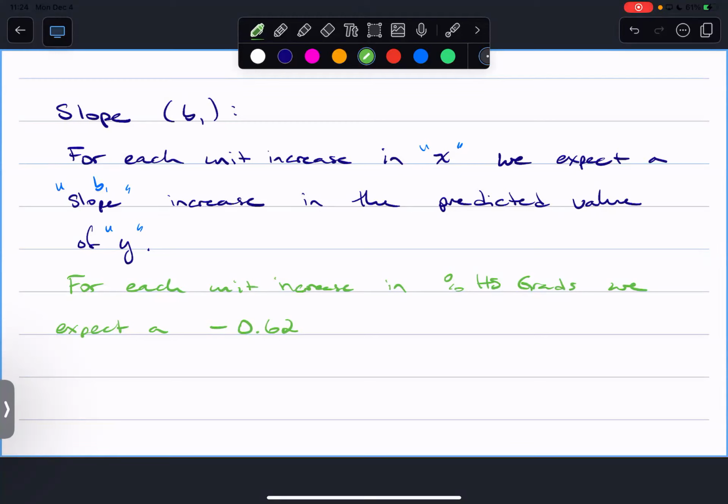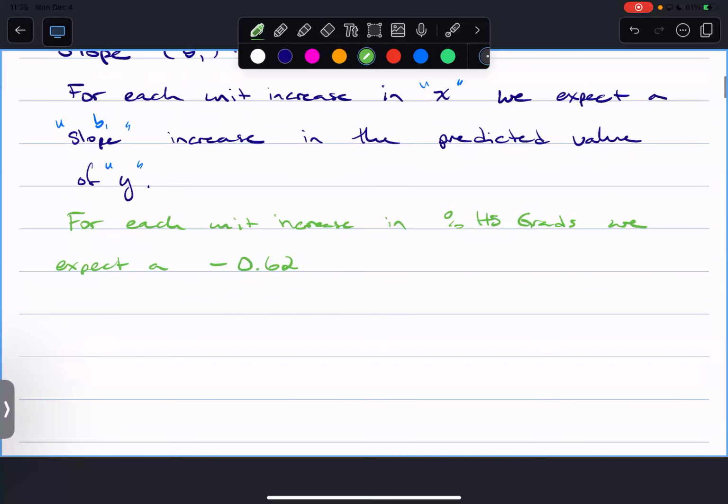That's important because a negative decrease is actually an increase. So you don't want to trip yourself up. So for me, I just always say the slope increase, so I don't mess it up. It's technically correct. Just sounds weird, right? We expect a negative 0.62 increase in the predicted percentage in poverty.